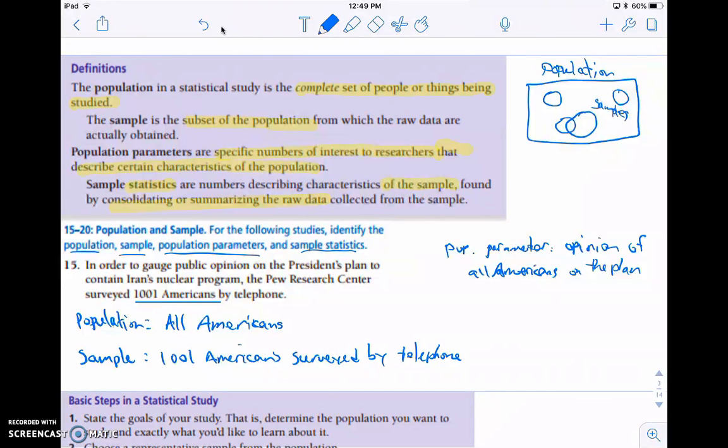Okay, the sample statistic in this case, so let's try sample stat. The sample statistic is going to be just the opinions on the plan among those in the survey.